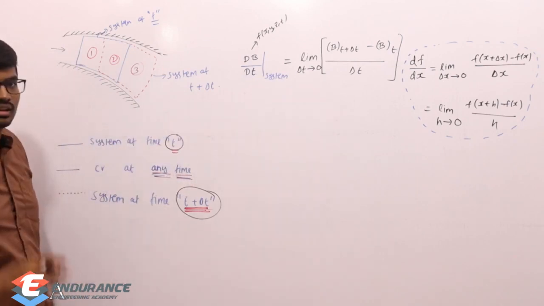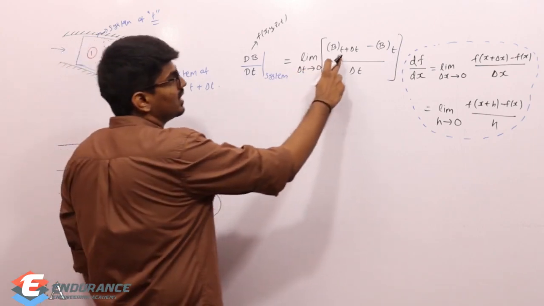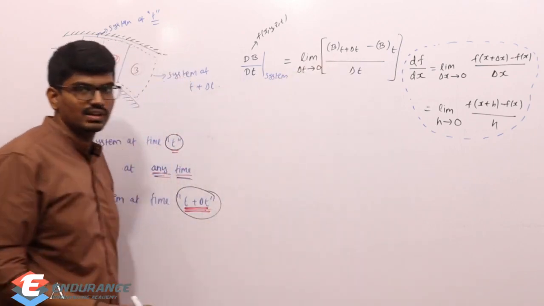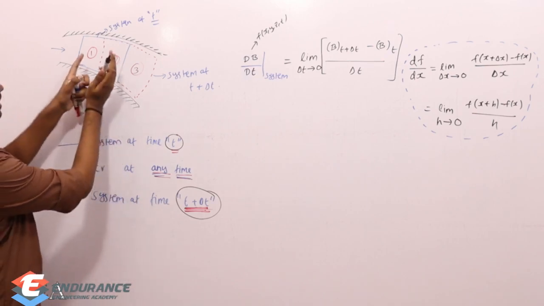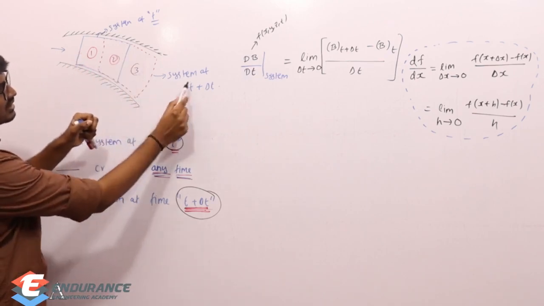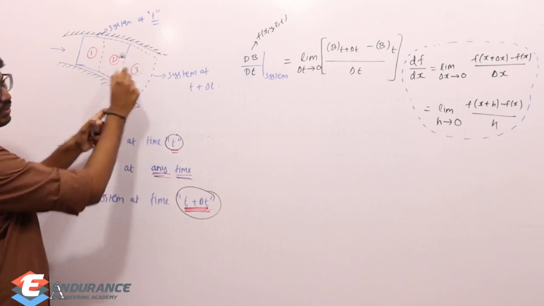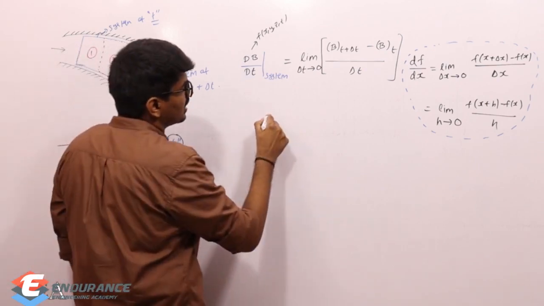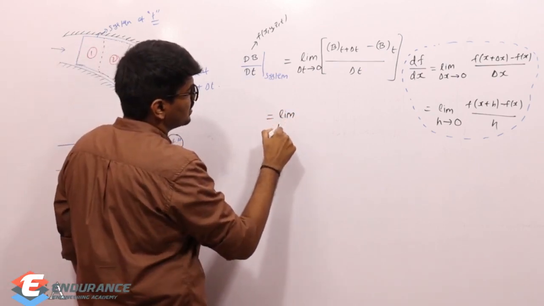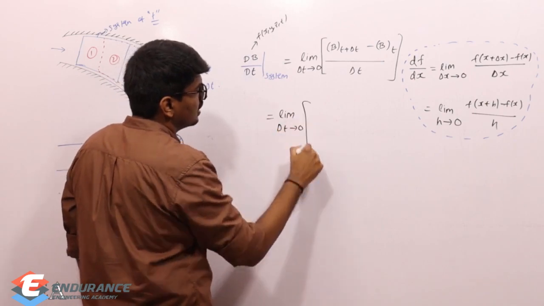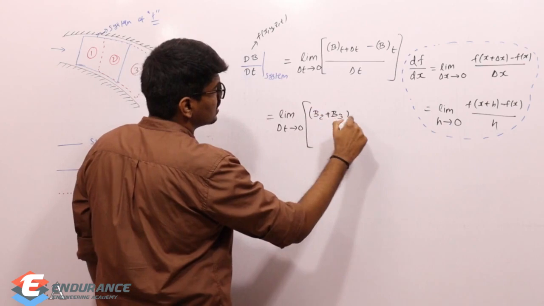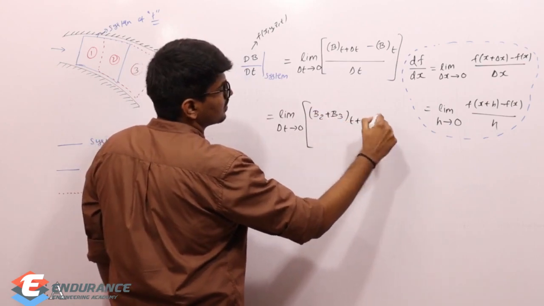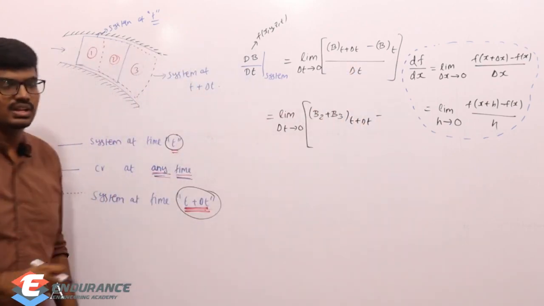Now, t plus delta t means what components are we having? At t plus delta t, my system is present at 2 and 3, right? So I will divide it and write something like this: limit delta t tending to 0, b2 plus b3 at t plus delta t minus, what about at time t?